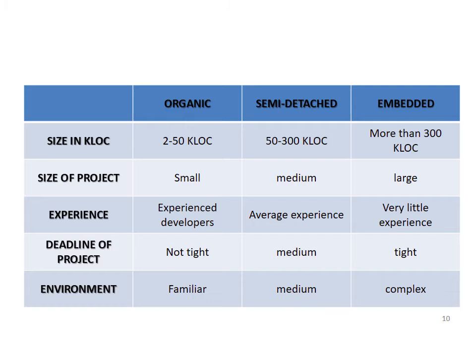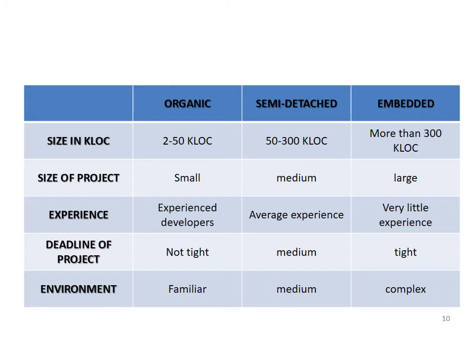So we should identify in which mode our project is. If the size of our project is estimated as 100 kilolines of code, then we should identify that as an organic project. Then, if our SRS document states that the deadline is very tight, we should categorize that project as an embedded project.